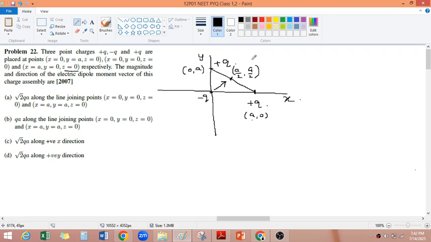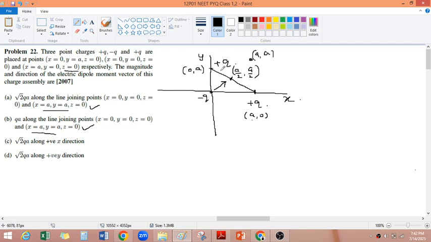Yeah, a, a is somewhere here, so it should be around this line. So this is also a, a. So direction wise, I would say these two things are correct, because this is your y is equal to x line. So a, a is somewhere here, so the direction is like this.